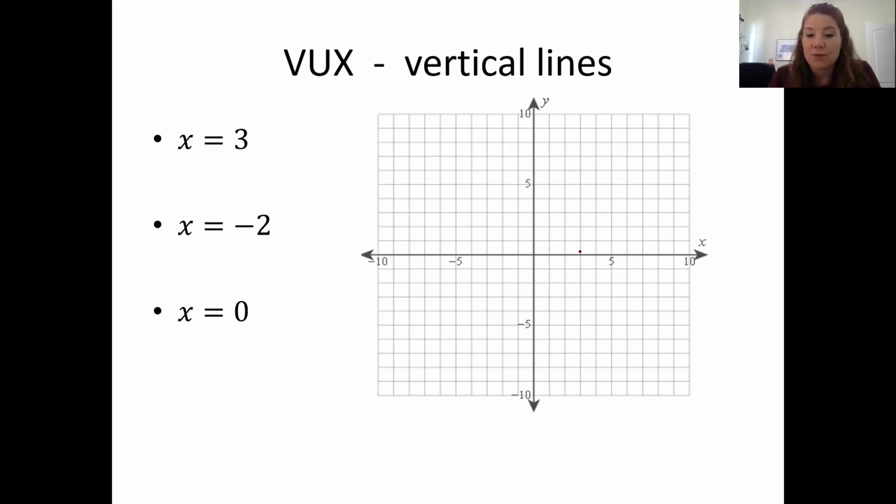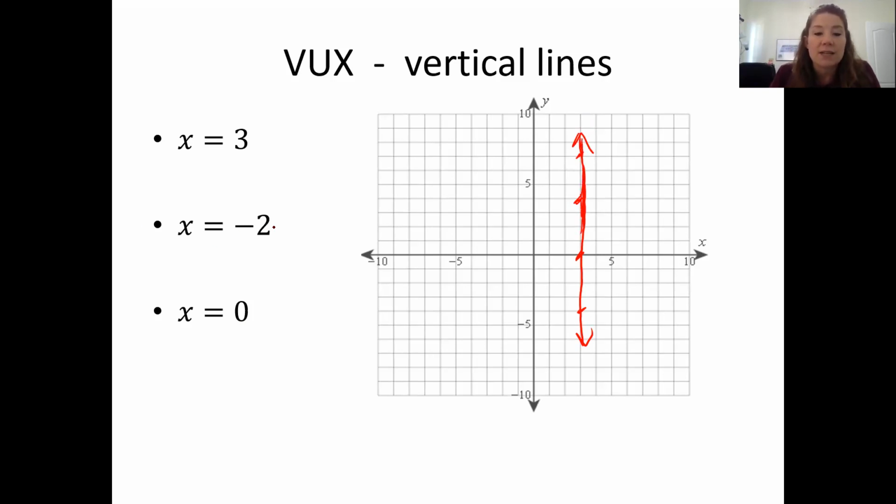So here's 1, 2, 3. And you're going to draw a vertical line. In other words, you can have a dot anywhere on that vertical line where X is equal to 3. So we just graphed that equation. X is equal to 3. It's a vertical line at X equals 3.